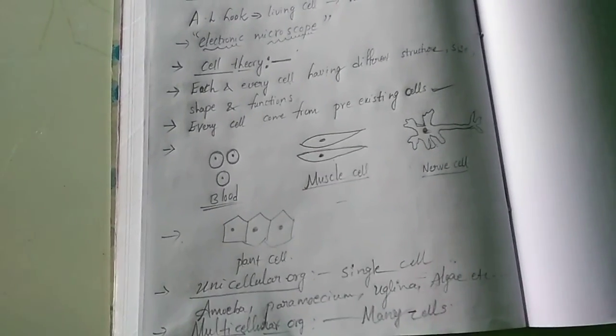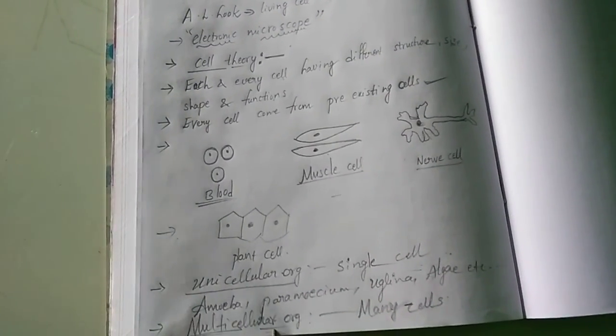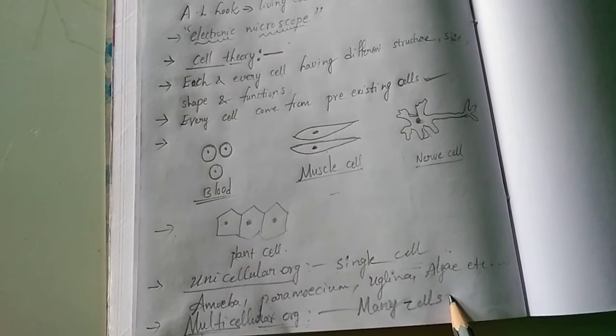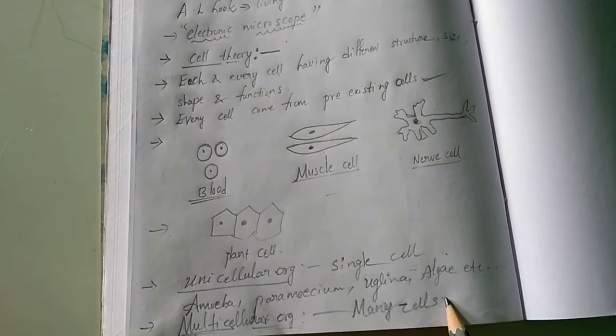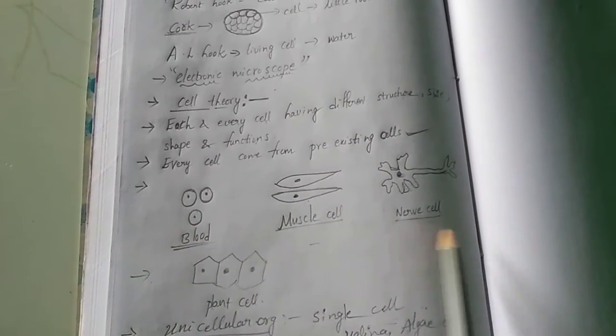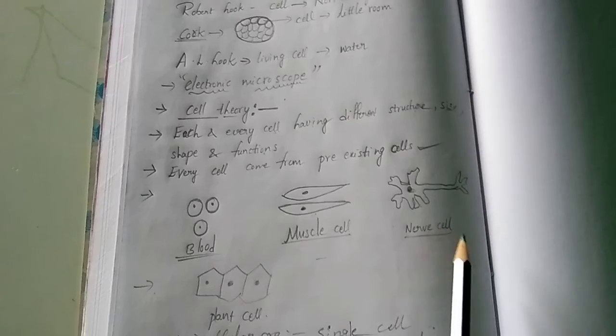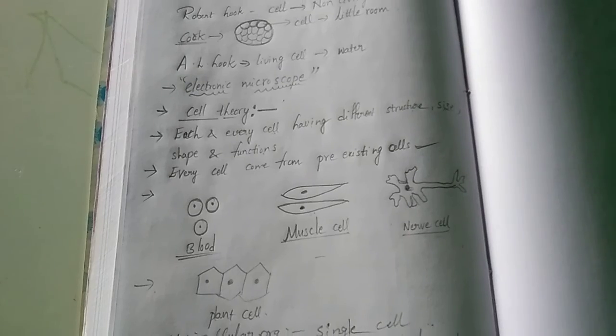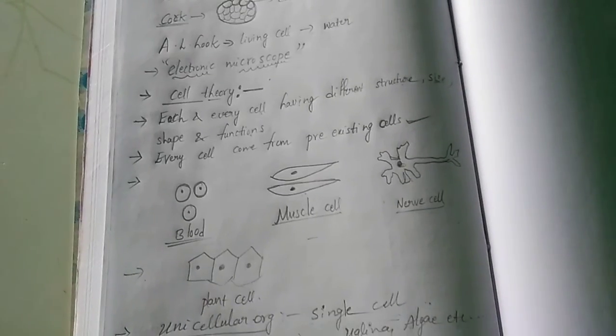Those organisms are called multicellular organisms. Multicellular organisms contain crores of cells. Those cells, based on shape and size, participate in different types of functions or different life processes in the body of living organisms. So this is about unicellular and multicellular organisms.